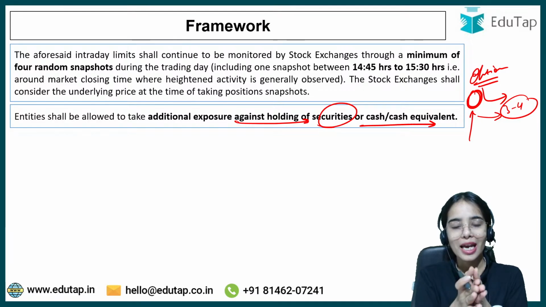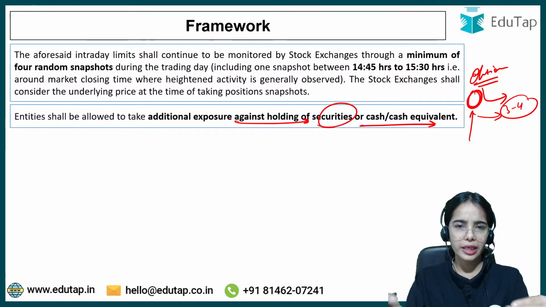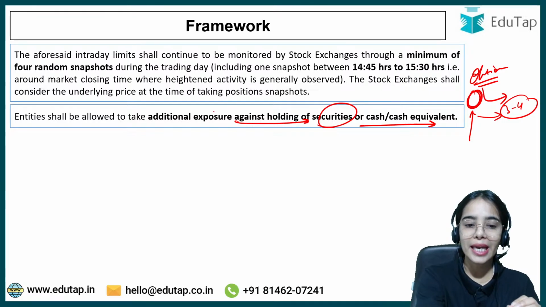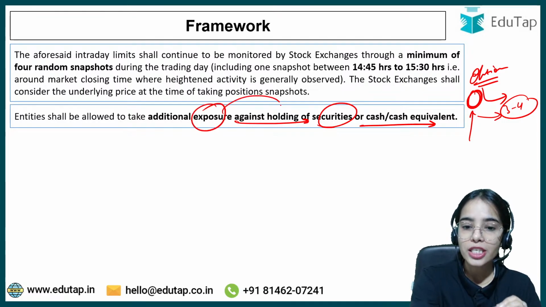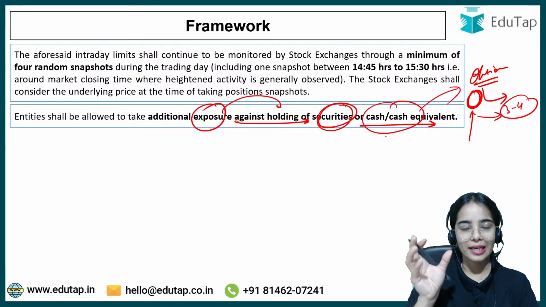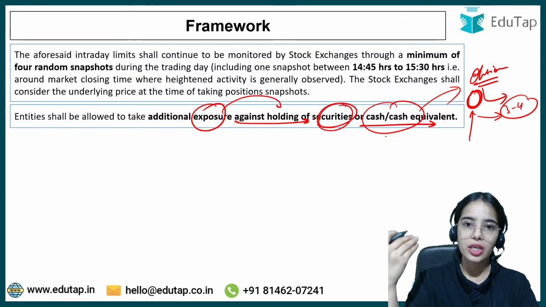So I have the option for 3 to 4 hours. Basically, you hold the option for a certain time period in the trading day. Entities shall be allowed to take additional exposure if they are holding securities or cash or cash equivalent to handle the option trading and such. So they can take the additional exposure also.